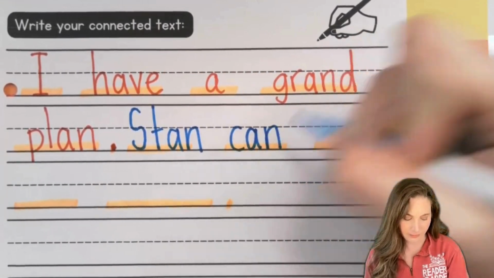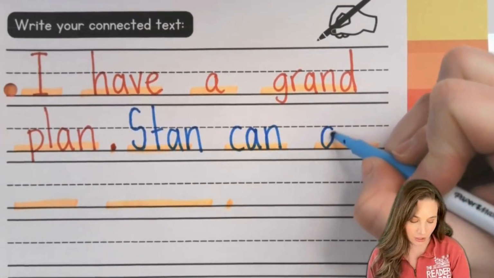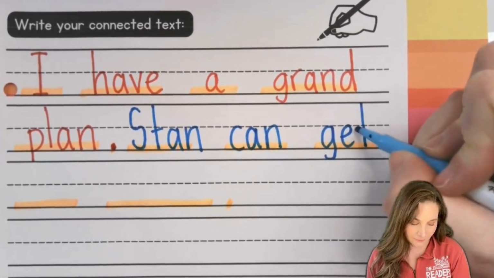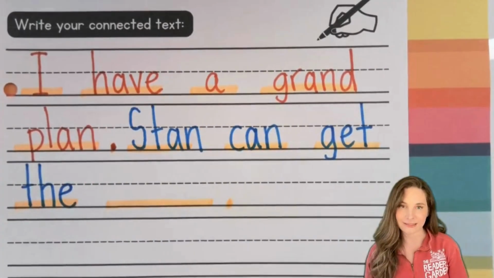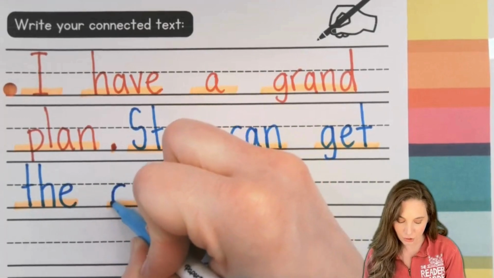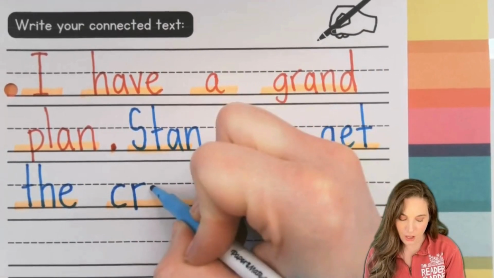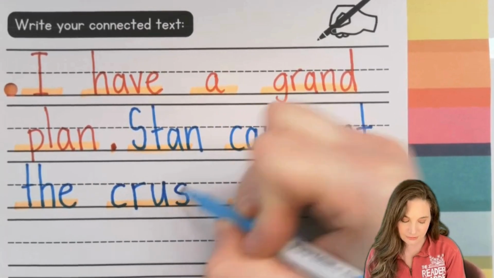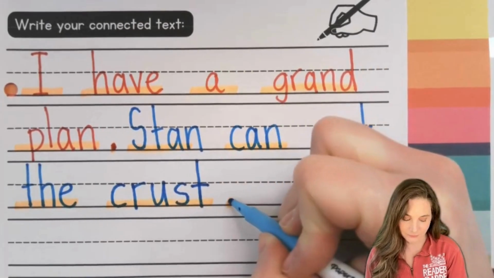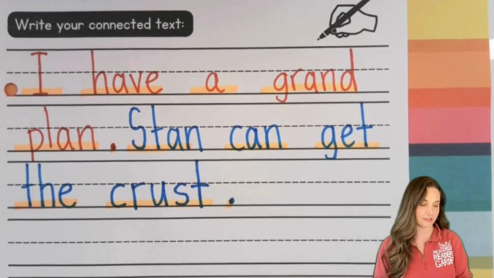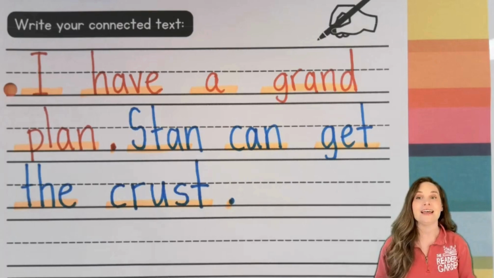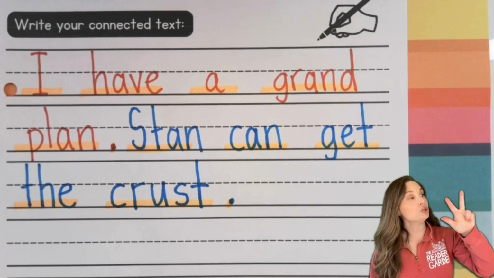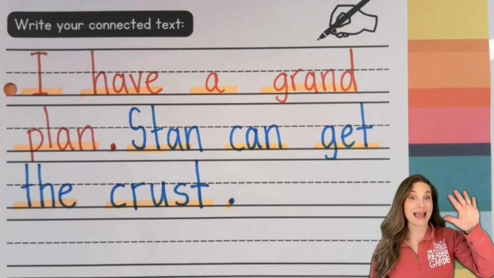Can. Can rhymes with Stan. Stan can get. The, we know that word. We use it a lot. The. All right, let's sound out crust. Stan can get the crust. That makes me think about like pizza crust. Like maybe that's Stan's favorite part. Probably is. And then the last sentence is, do you trust me at camp?